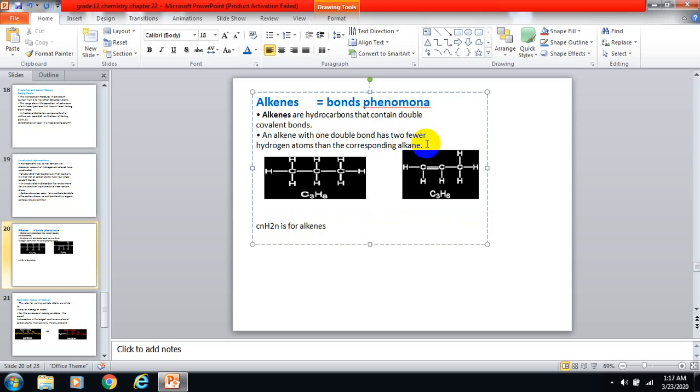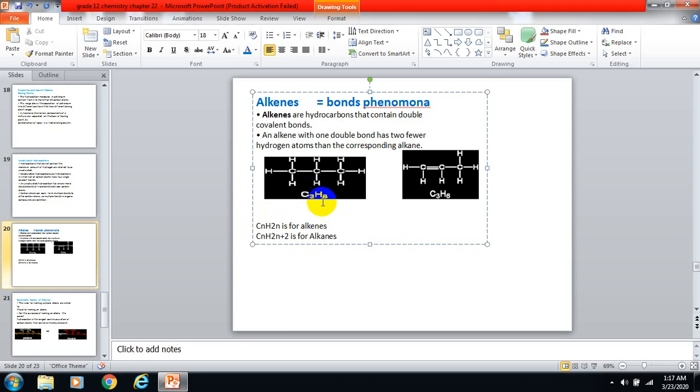Remember again, CnH2n plus 2 is for alkanes that we discussed. Okay, let me just give you this one. Got the idea? Remember, these are the general formulas.